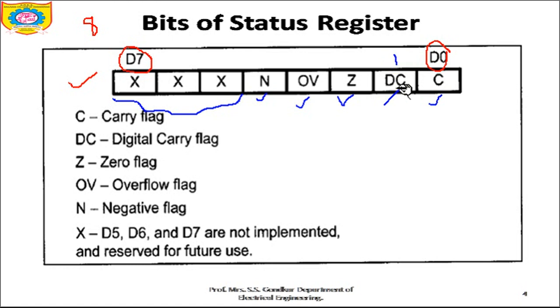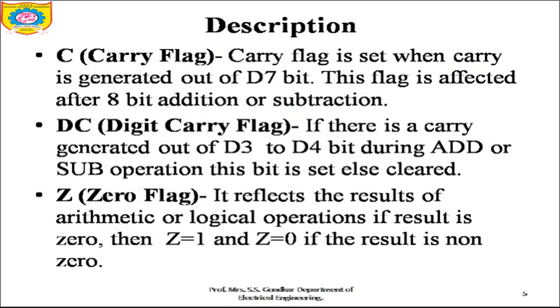Then bit number 2 is Z. Z is nothing but the zero flag. Bit number 3 is OV, the overflow flag. And bit number 4 is N. N means the negative flag, whereas bits number 5, 6 and 7 are unused and they are reserved for further use. So one by one we will see the significance of each and every bit.